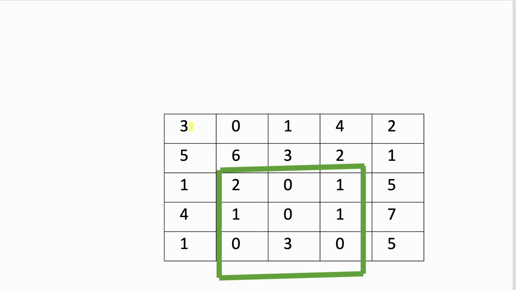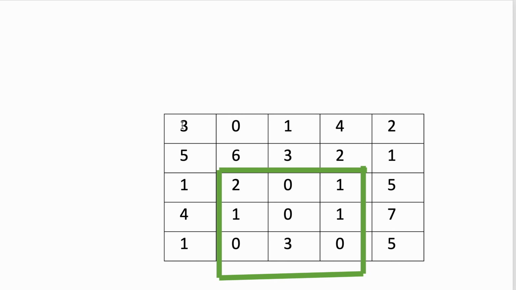In my new matrix, the value present at cell 0, 0 would be 3. The value at 0, 1 would be the sum of 3 and 0. Similarly, at 0, 2, its value would be the sum, and this sum matrix would be formed, and its value would be 4. For index 1, 1, what would be my value?